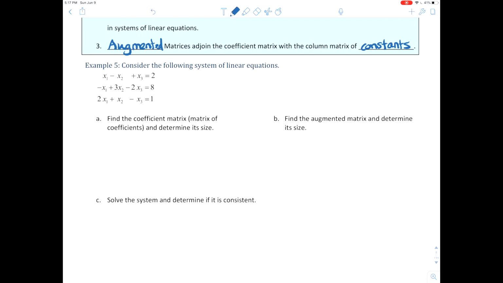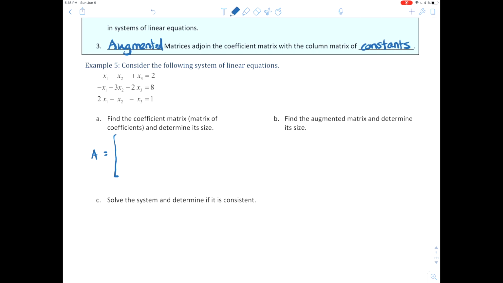And by the way, often the coefficient matrix is denoted A, all right? So we'll let A equal our coefficient matrix, and we're just using the coefficients, right? And we're not looking at the column of constants.